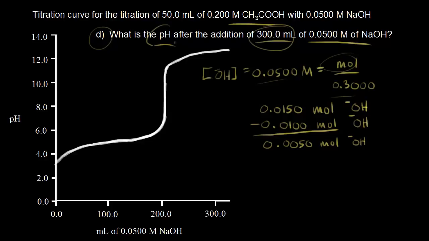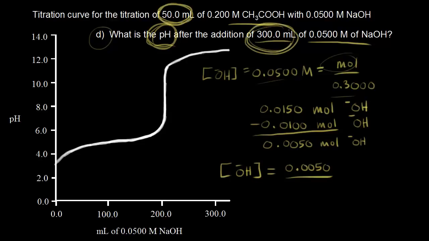So our goal is to find the pH, right? So we could find the pOH if we found the concentration of hydroxide. So what is the concentration of hydroxide ions now after the neutralization has occurred? Concentration is moles over liters, so it's 0.005 divided by, what's our total volume? We started with 50, and we have now added 300 milliliters more.